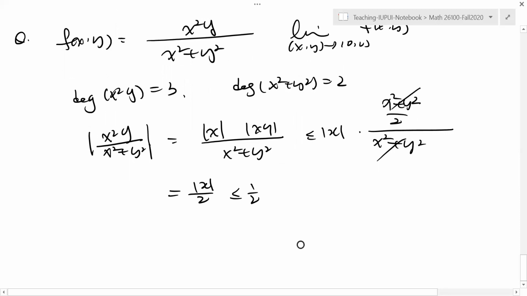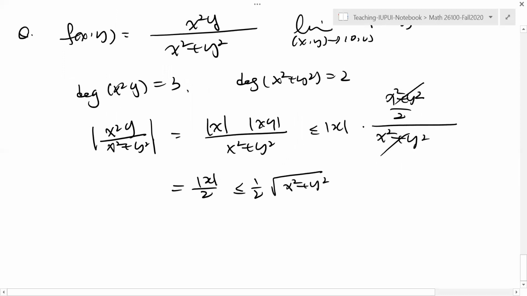Using polar coordinates is fine. Use a transformation, it's fine. Why is this equality true? Because first of all, if you let y be 0, you get absolute x, and this is going to be that.